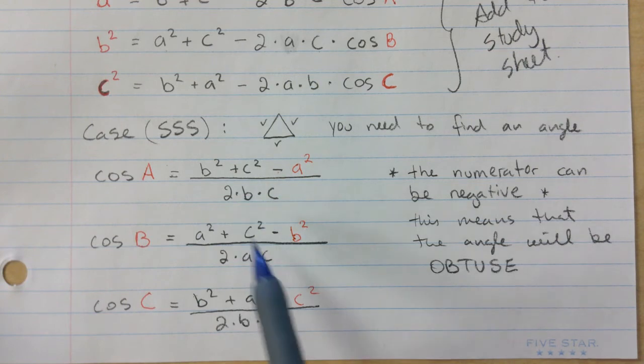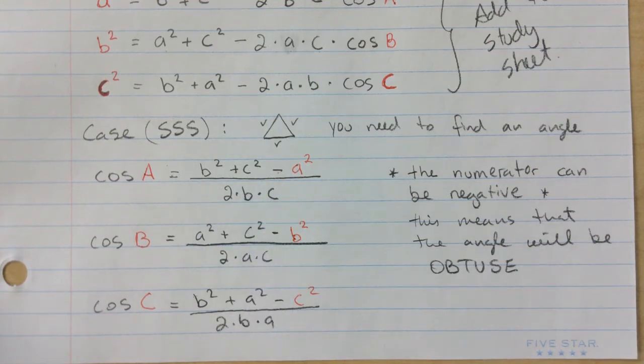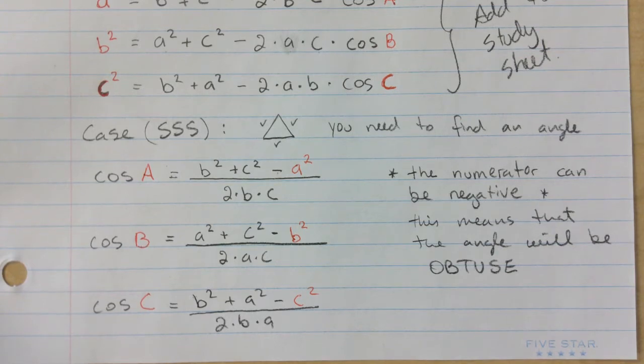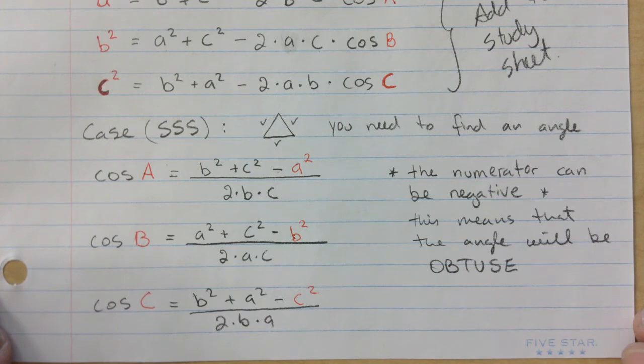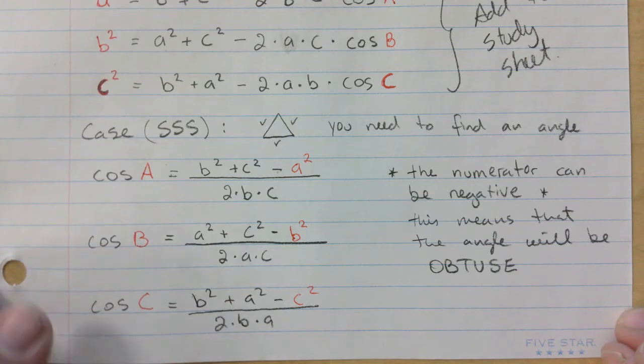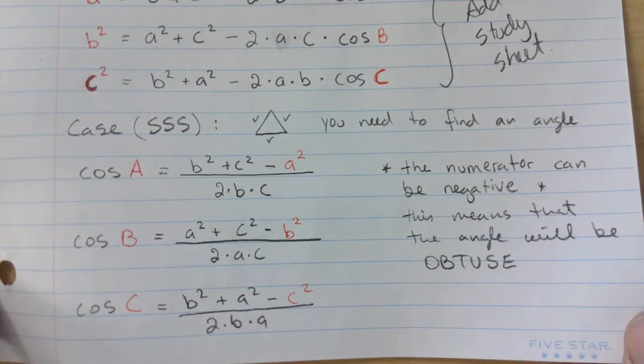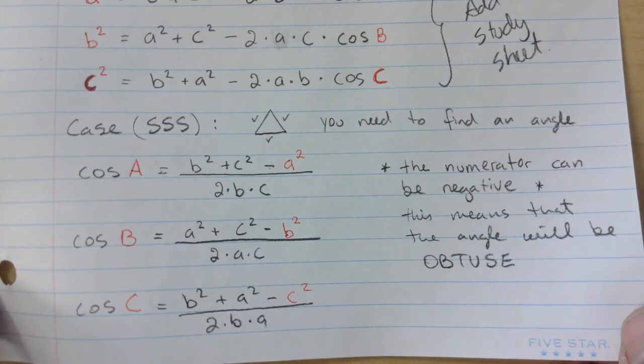So if you plug this in and you get a negative, it's like, whoa, what happened with a negative? I'm not used to negatives. No, it happens. And that just means that your final answer will be greater than 90 degrees. Okay? And of course, it goes without saying that you should add these to the study sheet as well. How much longer? I think that's long enough. Okay. All right.